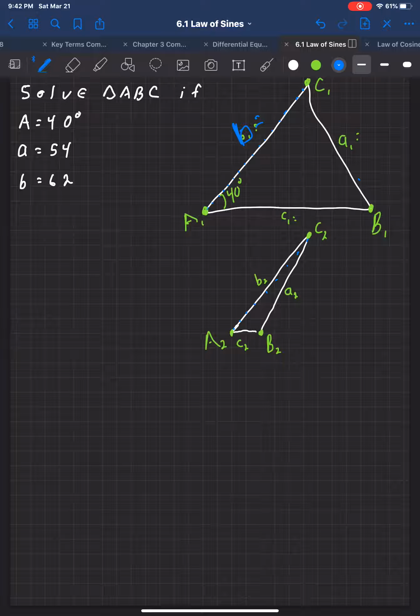So if B is 62 here, it's going to be 62 here. In fact, angle A doesn't change either. So if angle A is 40 degrees in the big triangle, angle A is 40 degrees in the little triangle.